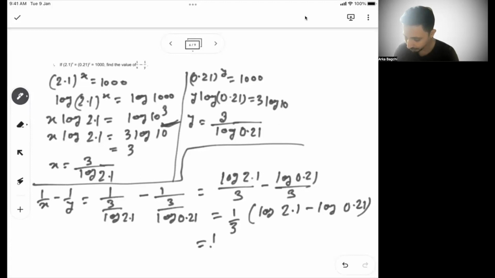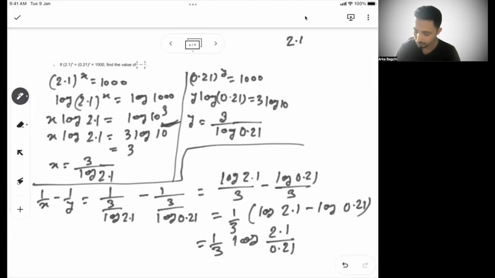So if you see carefully, log a minus log b is the same as log of a by b. Log AB is log A plus log B, and log A by B is log A minus log B. Okay. So 2.1 divided by 0.21.